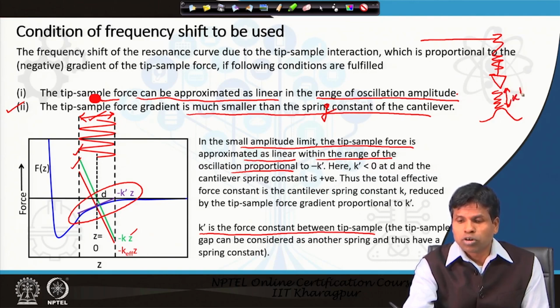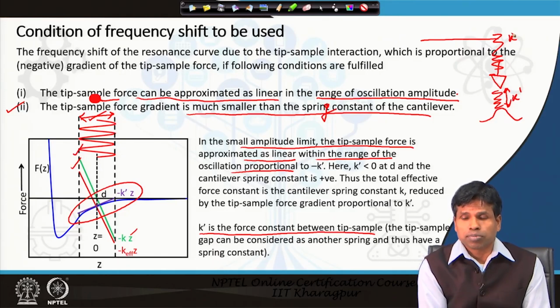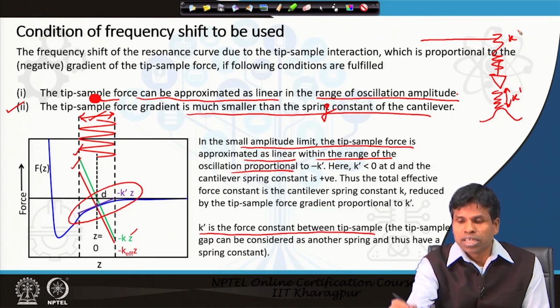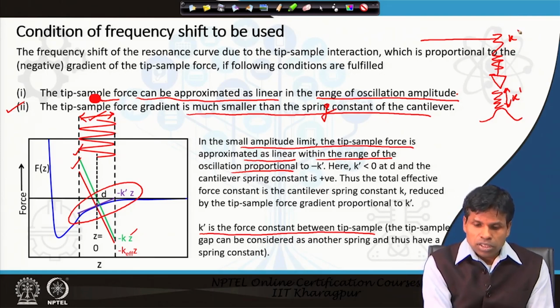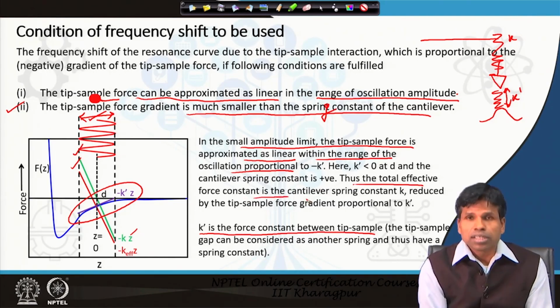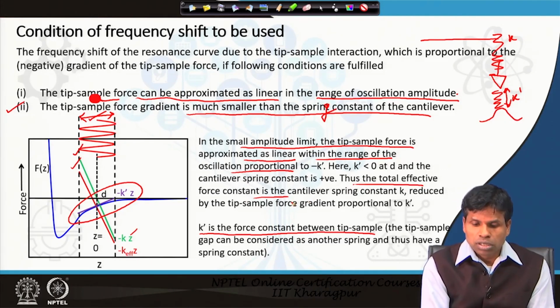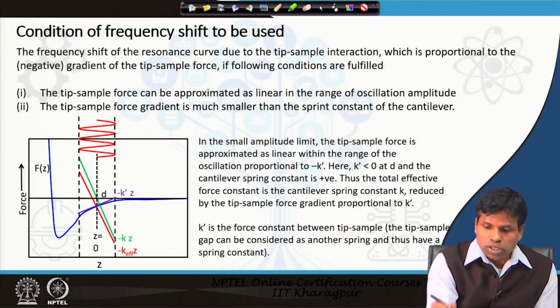So, this force constant can be written as k prime, and the spring constant for the cantilever is k. The total effective force constant is the cantilever spring constant reduced by the tip sample force gradient, which is proportional to k prime.